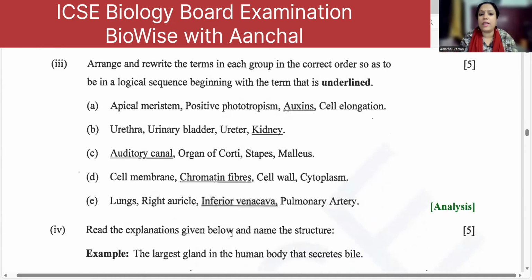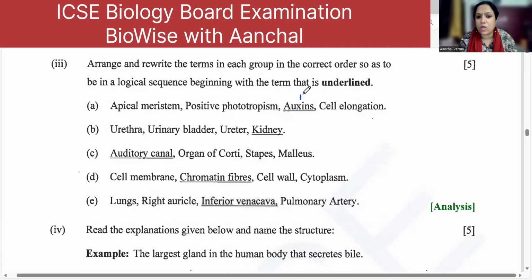Now arrange and rewrite the terms in each group in the correct order so as to be in a logical sequence, beginning with the term that is underlined. Here the term which is underlined is auxin. After auxin, what happens? The positive phototropism, cell elongation, and apical meristem. So what will be the first one?